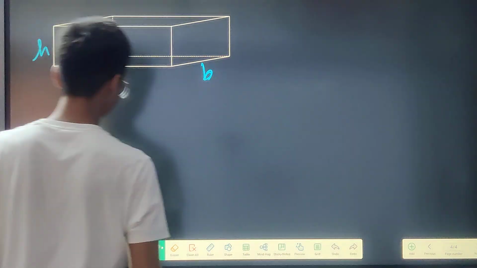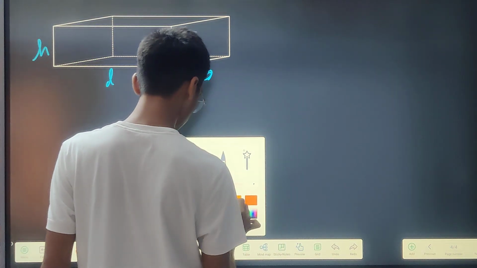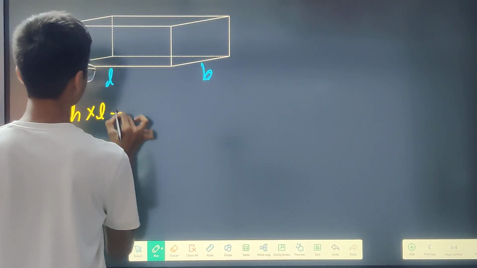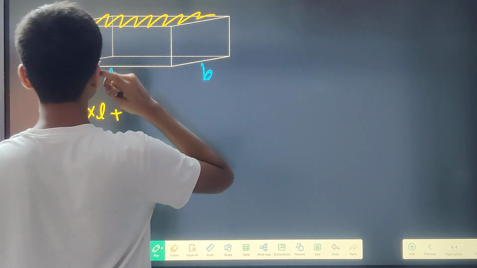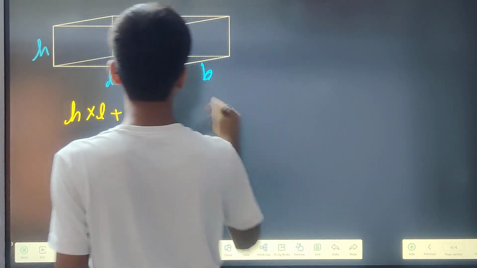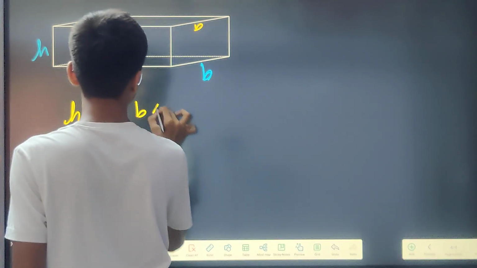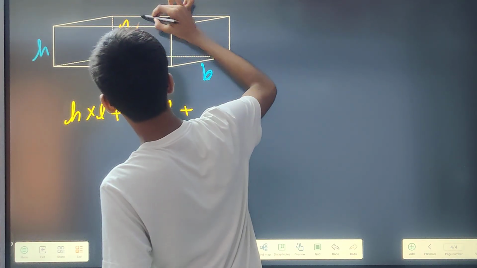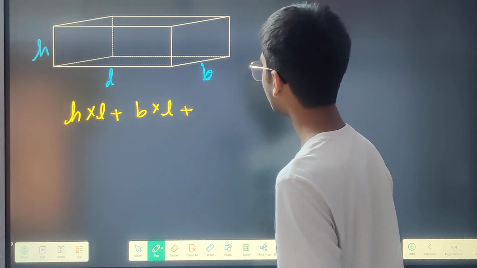Which is going to be H into L. Plus, now you are supposed to take this top area. This is going to be B and this is going to be L, so it is B into L. Plus, then you will take this area, which is L into H again.